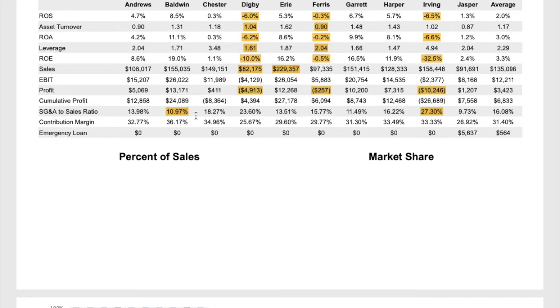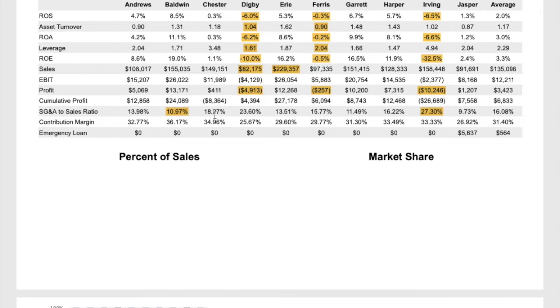SG&A is selling, general and administrative expenses. It's the cost that is not directly tied to making a product. The SG&A to sales ratio is SG&A divided by the total sales.